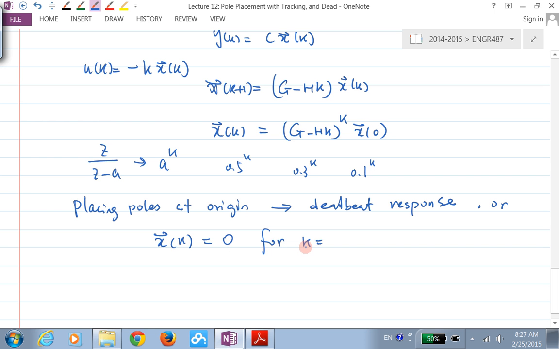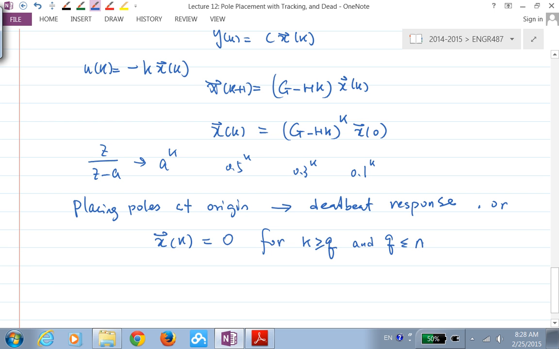But how many k will we experience? Not too many actually. The k will be greater than a value, but this value will be less than n, the order of the system.